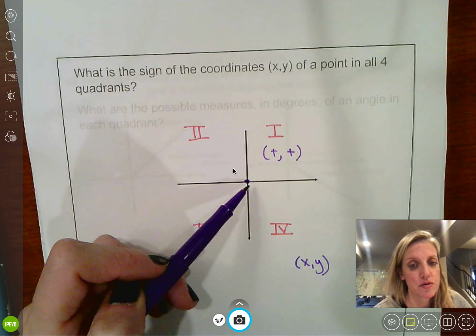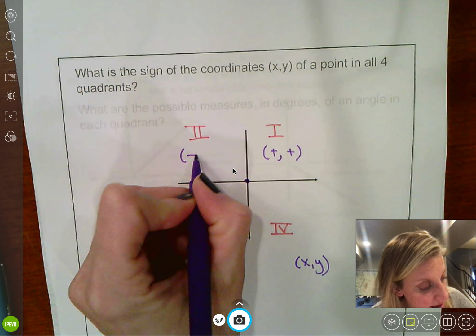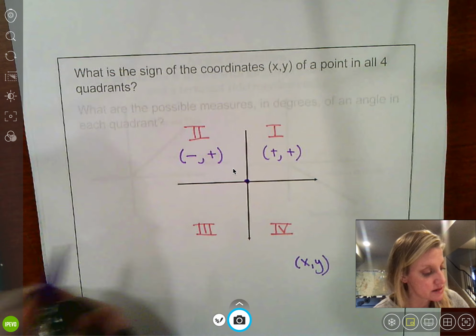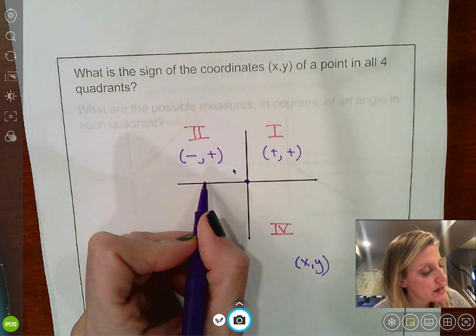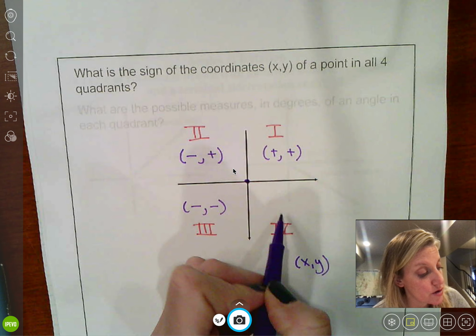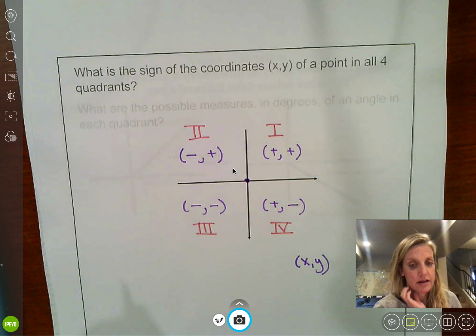For quadrant 2, from the origin, any point will be to the left and up. So to go to the left would make the x value negative, and to go up, the y value would be positive. For quadrant 3, to go to the left and down, they're both going to be negative. And quadrant 4, to the right and down, the x value will be positive, the y value will be negative.